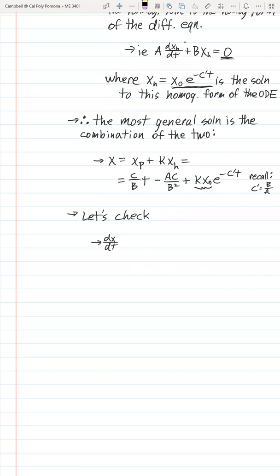And so dx/dt for our solution is c over b plus k x naught times negative c prime e to the negative c prime t, and then substituting all of that in, we get a times c over b plus k x naught times negative c prime e to the negative c prime t.